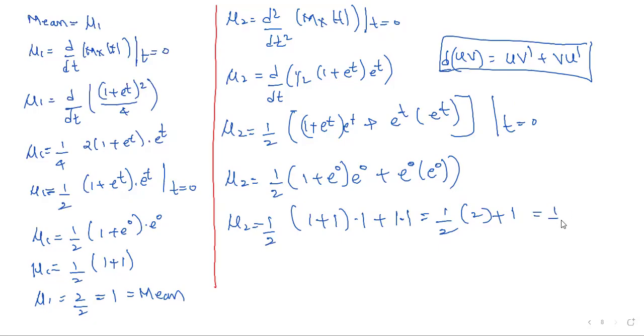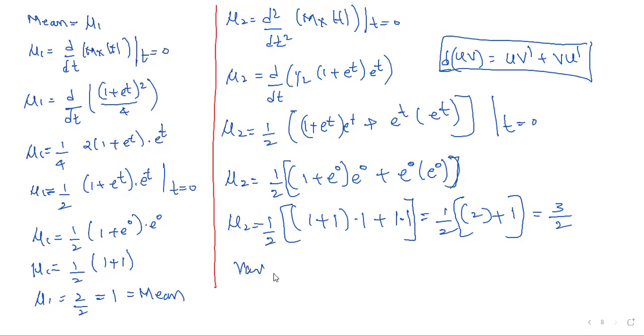Wait, this 1 by 2, it is for the whole, no? It is for the whole. It means it is 3 by 2.